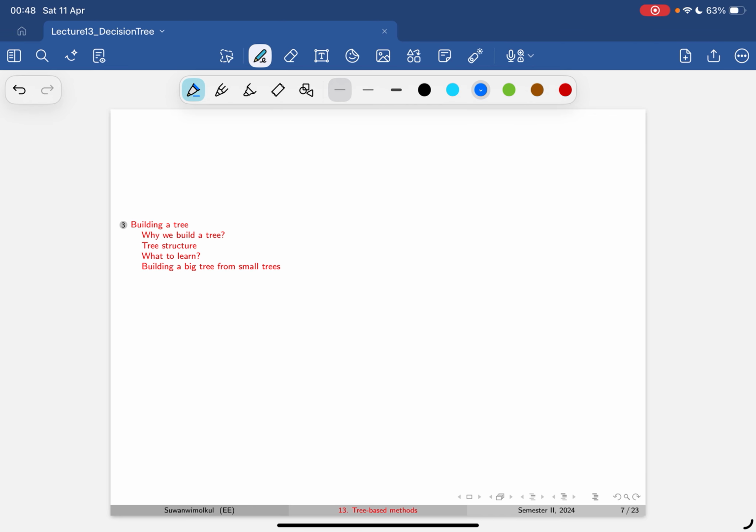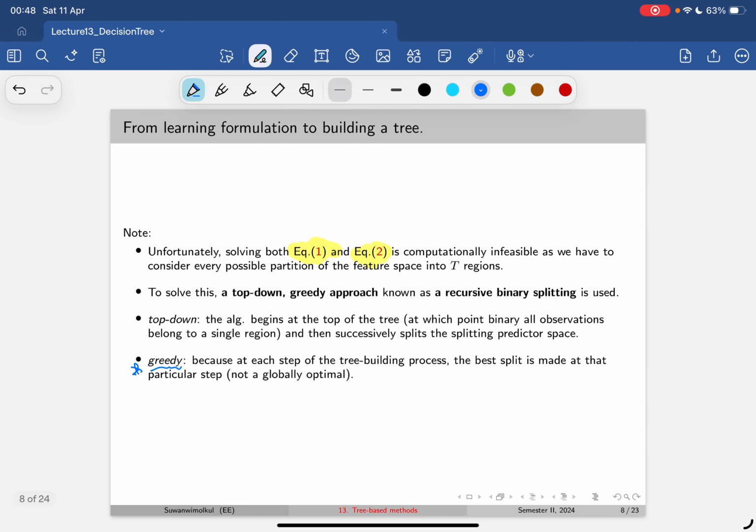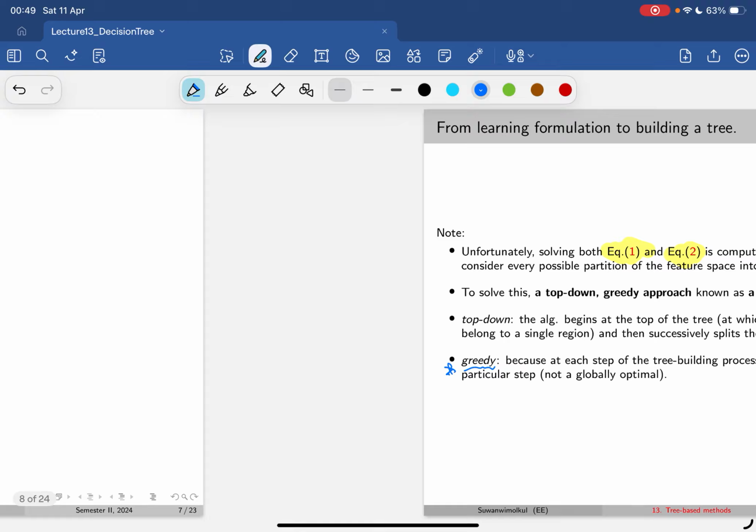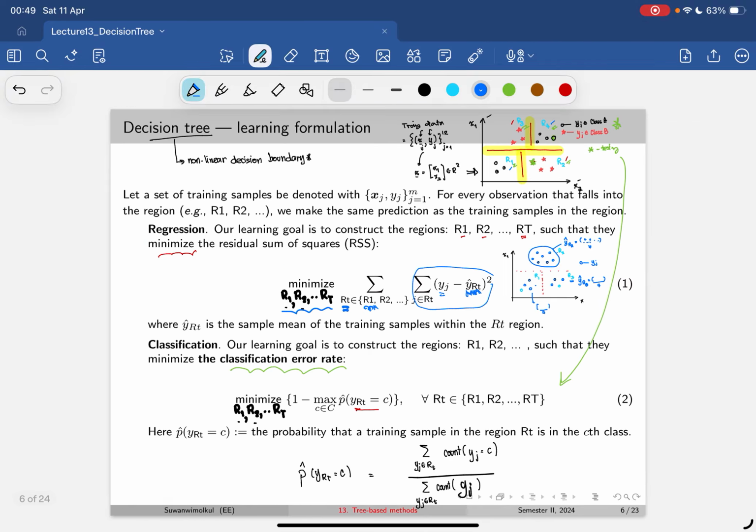Then we will build a tree. Okay, I think we now know the problem setting, the problem definition of the decision tree, but I believe lots of people would ask, then why can't we solve equation 1 or equation 2, these two equations, directly?